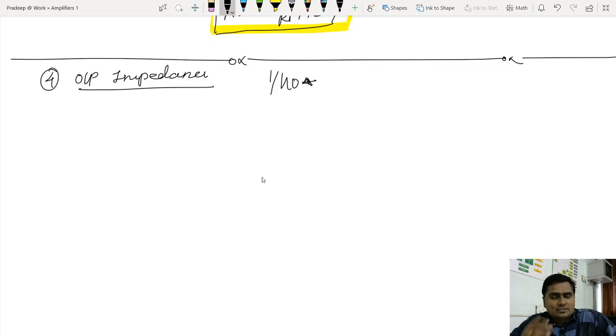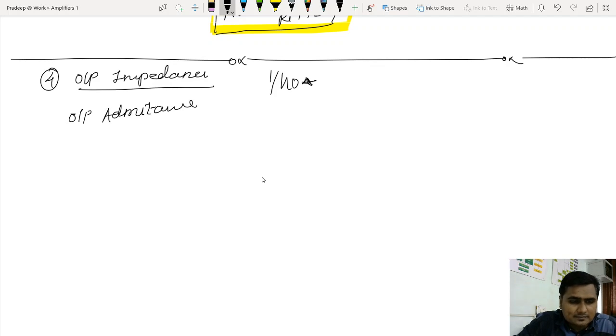So if I get the value of output admittance, then obviously the inverse of it gives output impedance. So generally for an amplifier people write output impedance, but if they are analyzing the hybrid model, they used to write output admittance. No matter, if you find admittance, it will be easy to find impedance, and if you find impedance, it will be easy to find admittance.